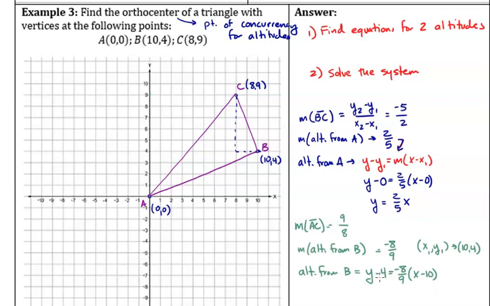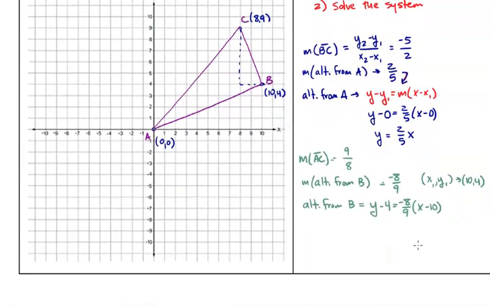Let's go ahead and convert this into slope-intercept form, get it into that y equals mx plus b form. So first I'm going to distribute that negative 8 ninths, saying y minus 4 equals negative 8 ninths x plus 80 over 9. And then I'm going to add 4 to both sides. So that's going to say y equals negative 8 ninths x plus 80 over 9.